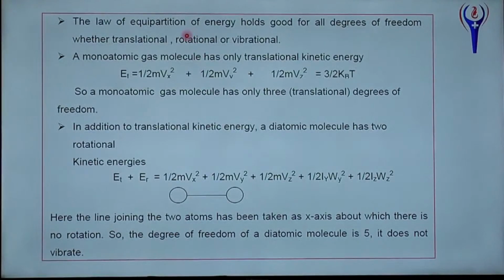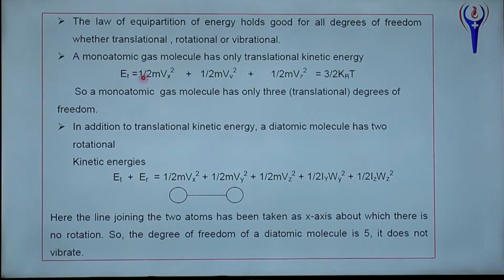The law of equipartition of energy holds good for all degrees of freedom, whether translational, rotational or vibrational. I said 3 degrees of freedom is only for translation, as x-axis, y-axis, z-axis. Suppose rotational is only 2, then 3 plus 2; vibrational 2, or 3 plus 2, like that we will do.